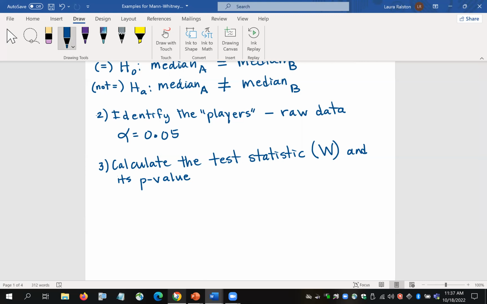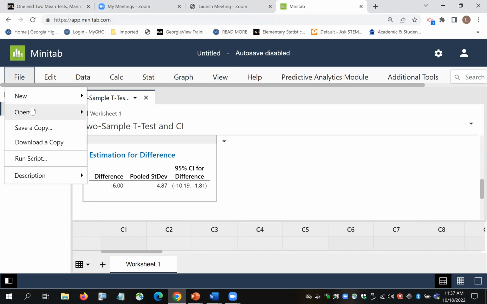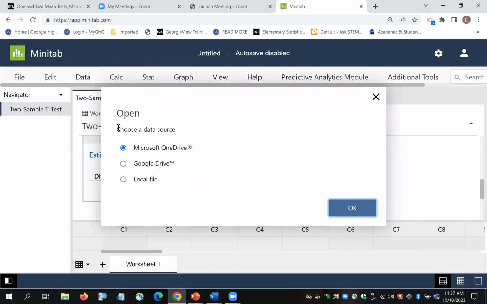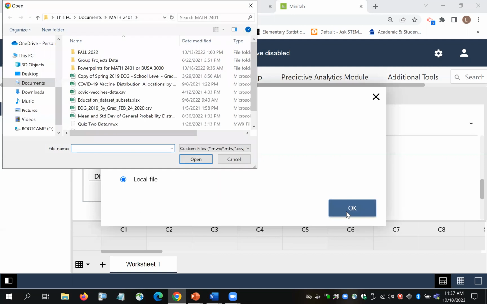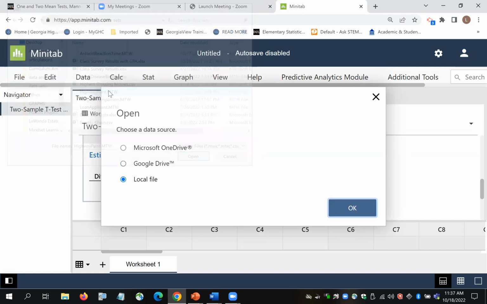All right, so I'm going out to Minitab. And again, I have the spreadsheet in D2L for you. I have it on my desktop. So I'm going to open a worksheet from a local file. And this is highway paint.